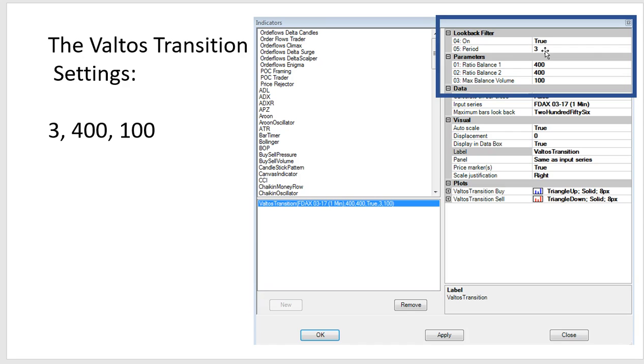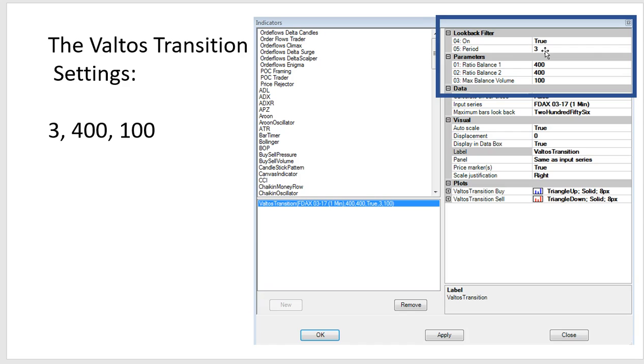In one of the other indicators, I use a setting of 50, which takes into account where the market's been over the last 50 bars. But for this one, where I'm trying to pick up changes in supply and demand, I'm really more interested in what's happening now rather than a bit later.